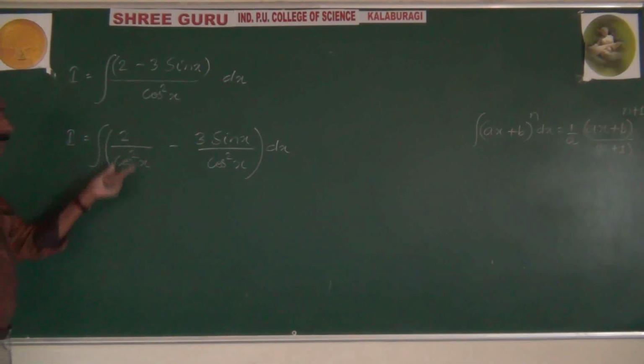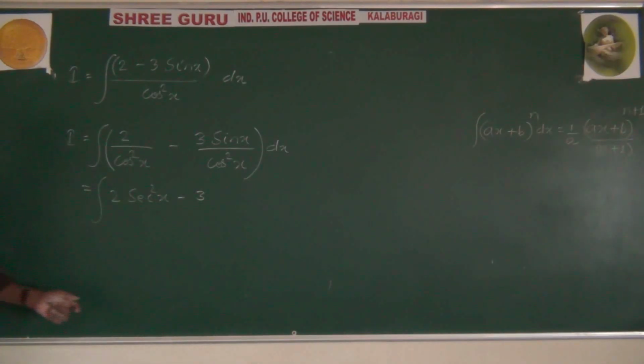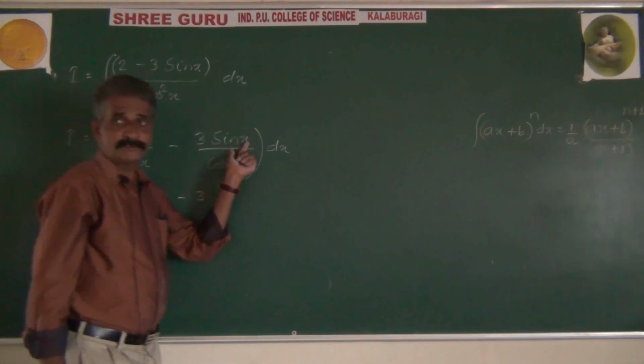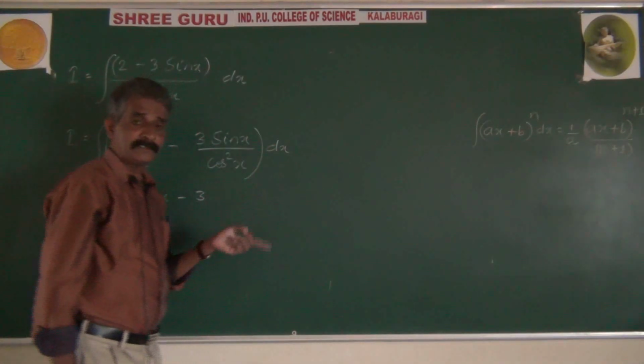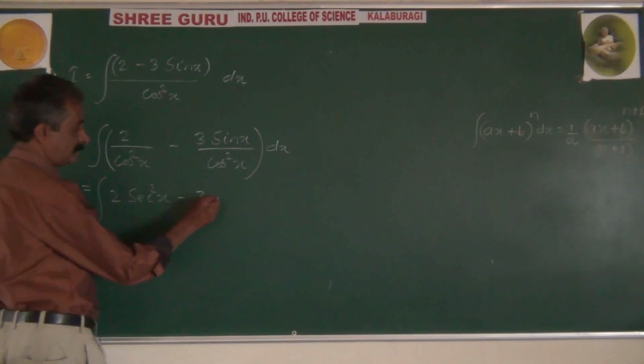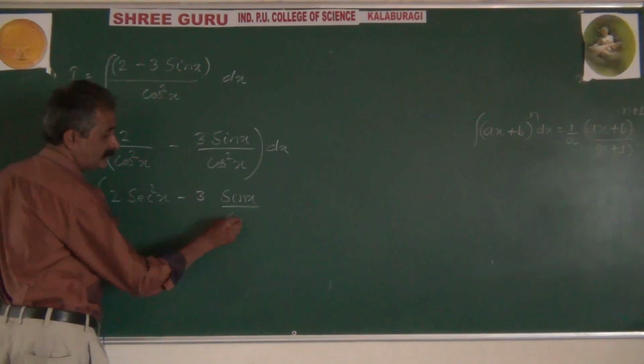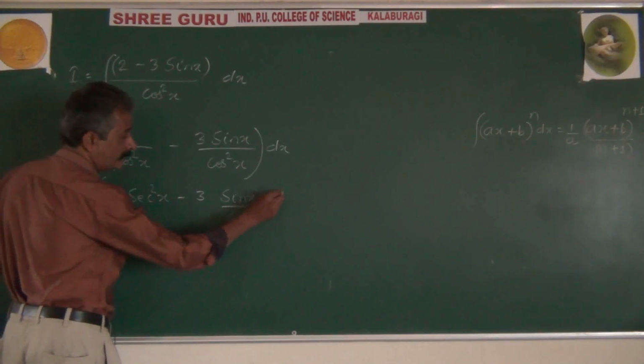Next, what is 1 by cos square x? Secant square x. That is 2 into secant square x. Minus 3 into, here we can split sin x by cos square x as sin x divided by cos x into 1 divided by cos x. That is 3 into sin x by cos x into 1 divided by cos x.